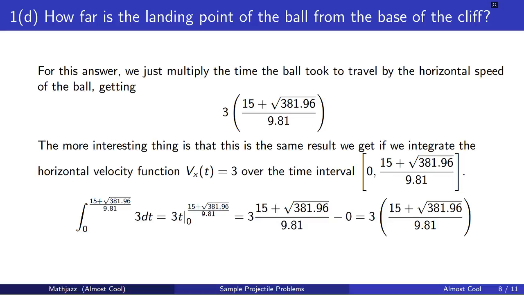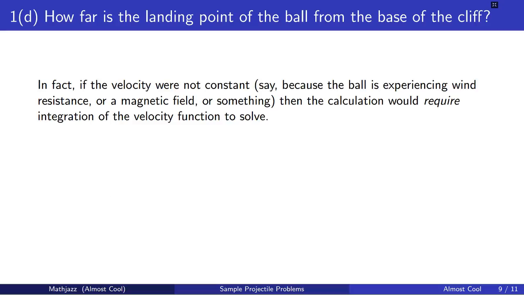This is just the integration of a constant, so I'm not going to talk a whole lot about this computation, but notice that it is in fact the same number for both multiplying time by speed as integrating the speed over a time interval. And that actually gets us to the next point, which is if the velocity were not constant, then the calculation of the horizontal distance would require integration to solve.